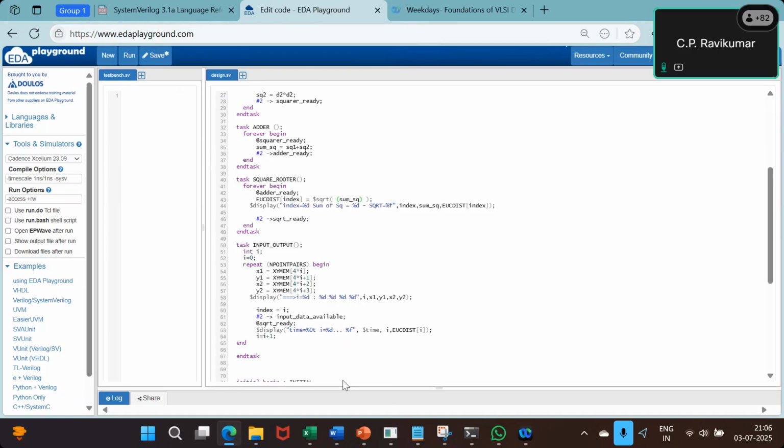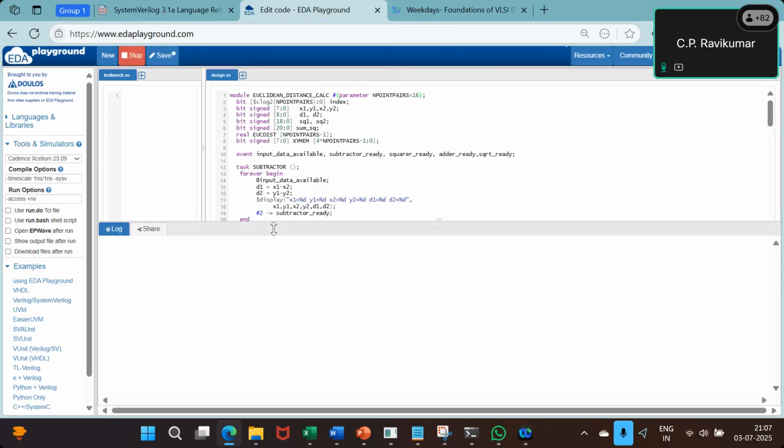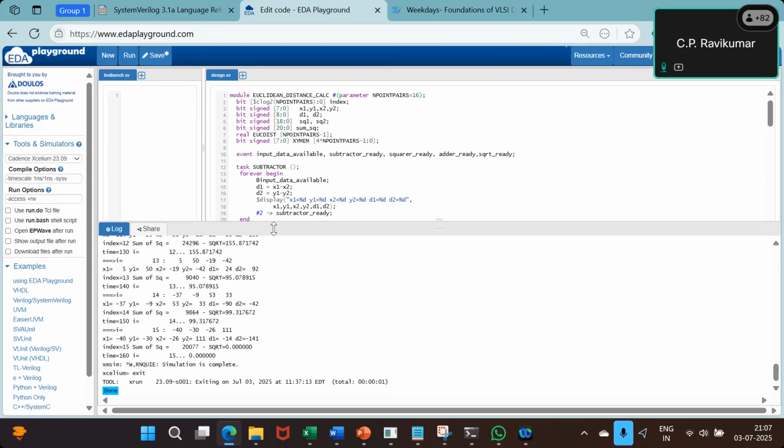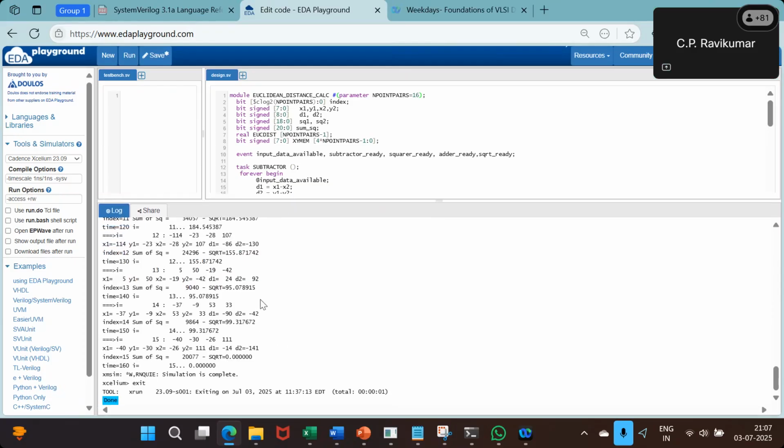But I have a problem here. See, even if I make it any number like this, I think the last one will have problem. See, the last one has a problem. So 99, 95, 155. The last one has a problem.